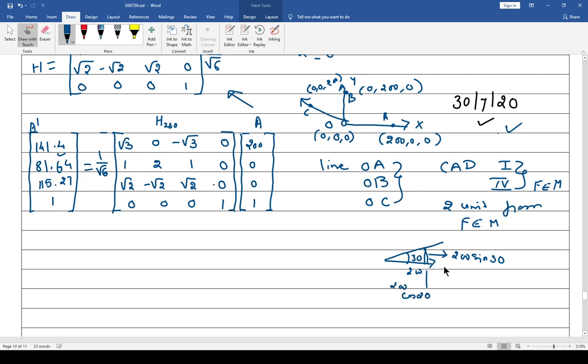Because we are getting into isometric view, you could verify whether you are getting that or not. So 200 into cos of 30. The answers are different actually.